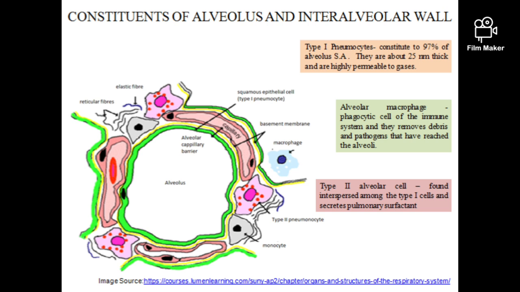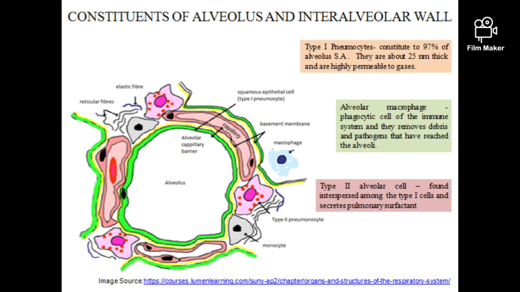It is just covering the entire inner surface of the alveoli, and it constitutes about 97% of the total alveolus surface area. The ultimate purpose of this type 1 cell is to enable permeability of the gases. So it increases the permeability of the alveoli to diffusion of the gases, and it is about 25 nanometer in thickness.